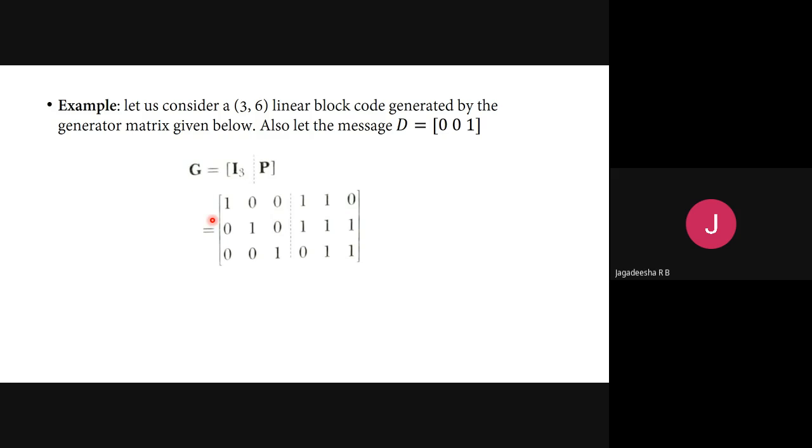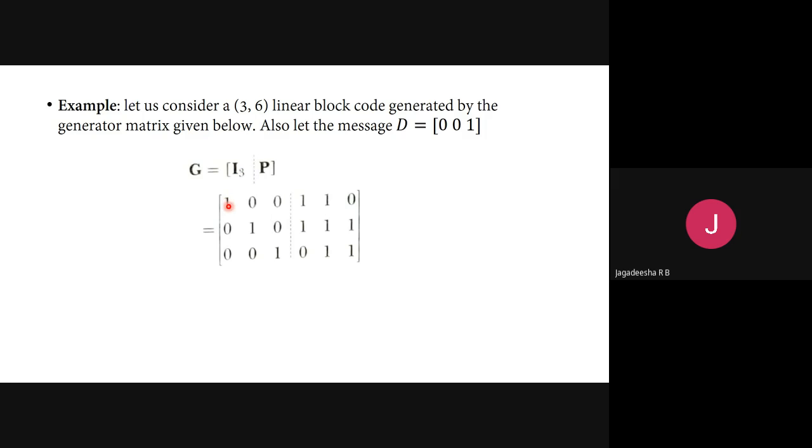Sometimes only the parity matrix might be given. In that case, you need to find the generator matrix. Since you know the structure of the generator matrix is a combination of the identity matrix and the parity matrix, even if just the parity matrix is given, you need to find G. That means you need to append the identity matrix.